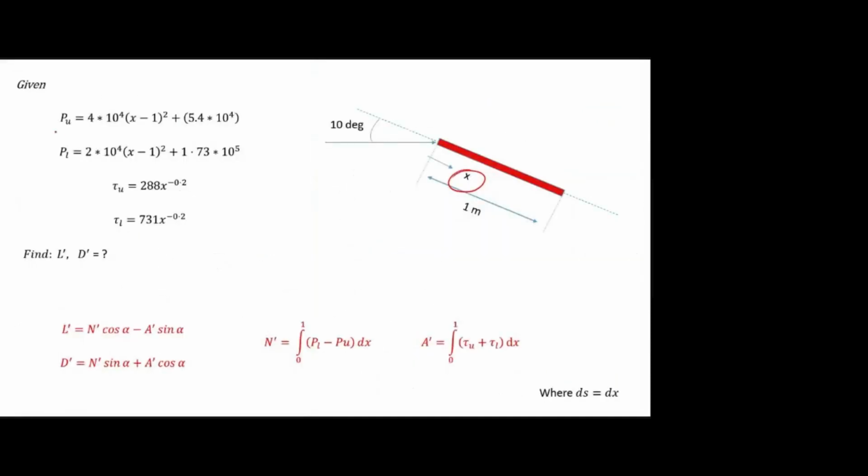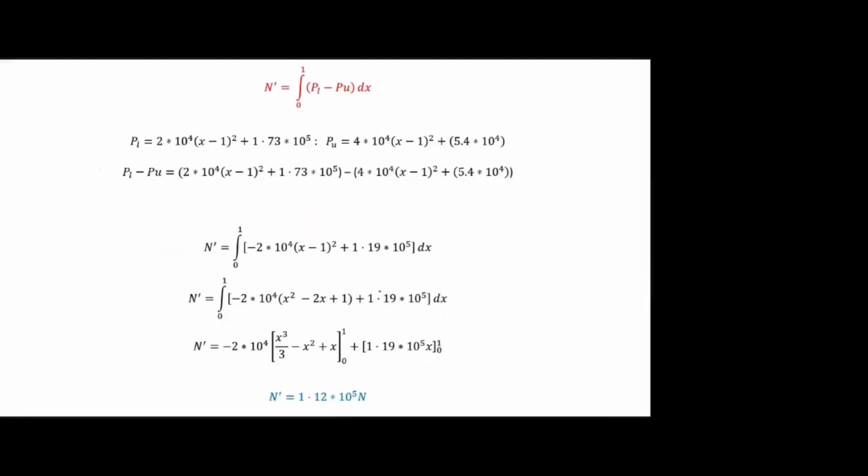So here we know PU, PL, tau u, tau L. So straight away we have to substitute here. First I am finding n dash. We know PL and PU. Substitute, PL minus PU, you will get this term.